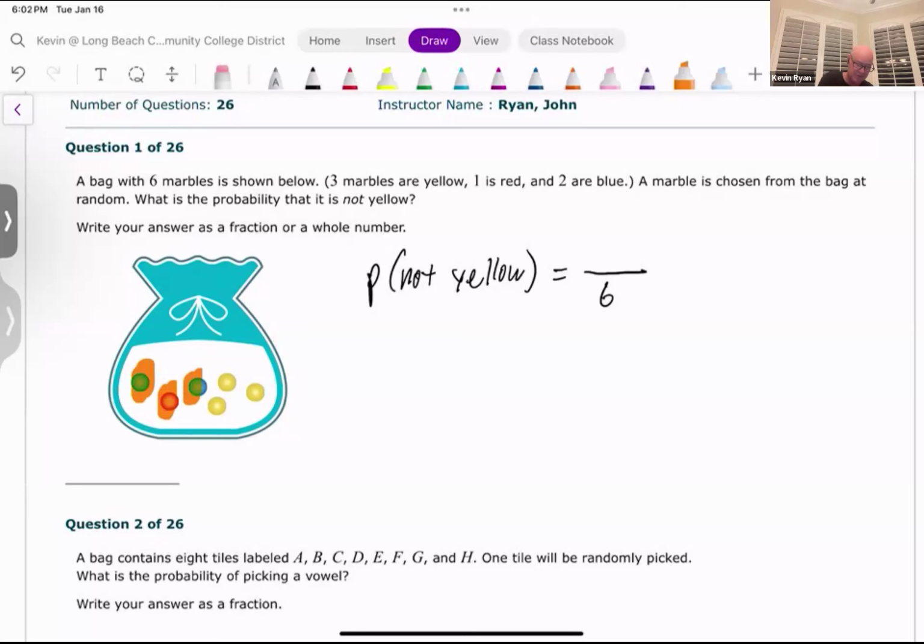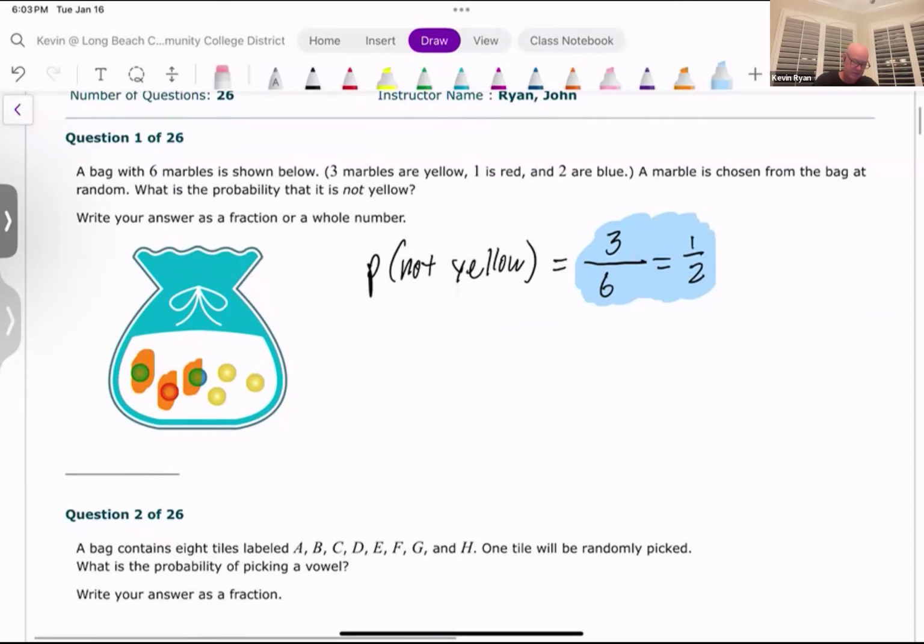So I'm seeing 3 of them. Now, in ALEKS, you can leave it as 3/6, or you can reduce it to 1/2, sorry. So either way is fine. Not too bad.